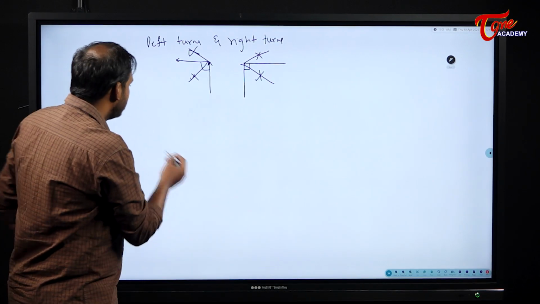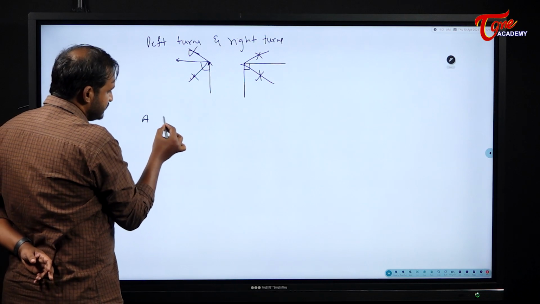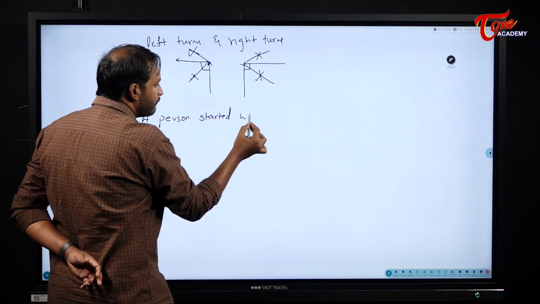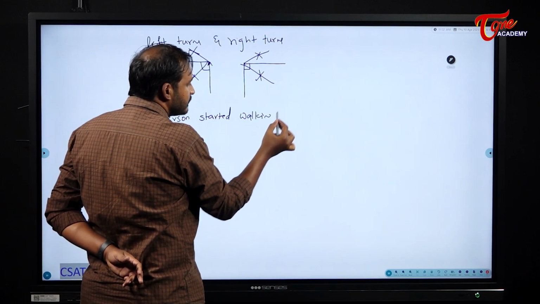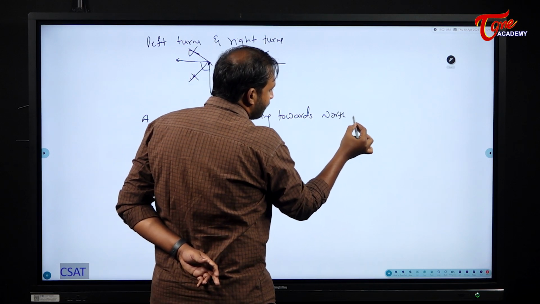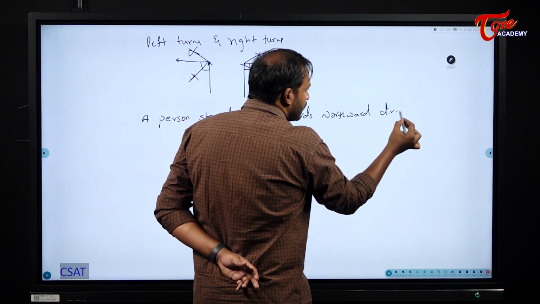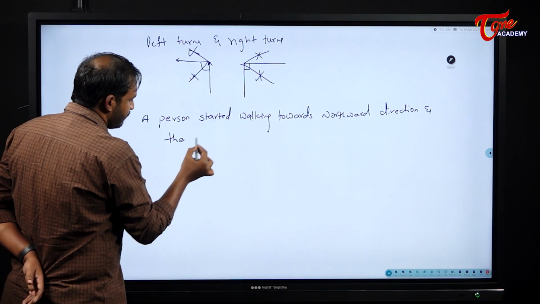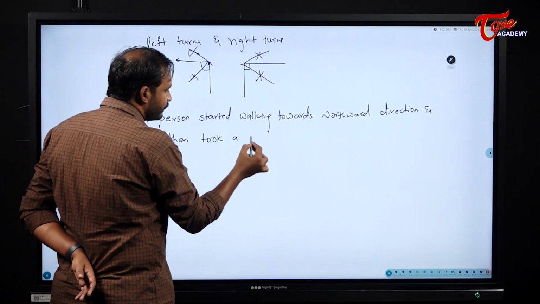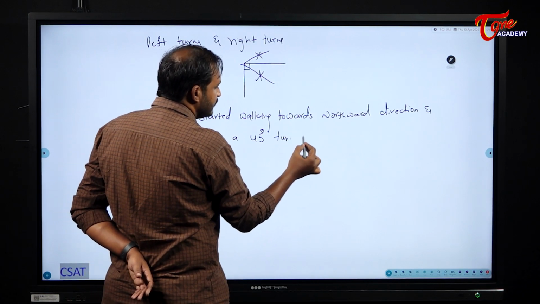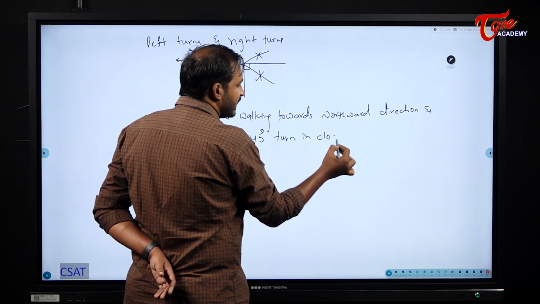See here, students. For example, a person started walking towards the northward direction and then took a 45 degrees turn in the clockwise direction.